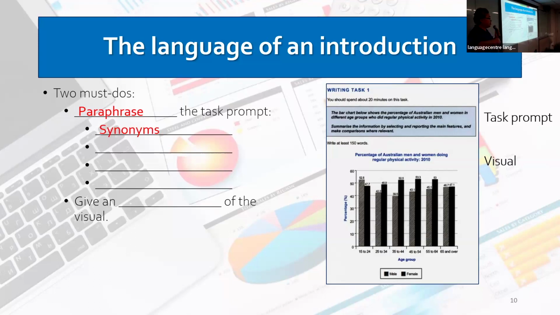Number one, we can use synonyms, right? Use words that have a similar meaning.